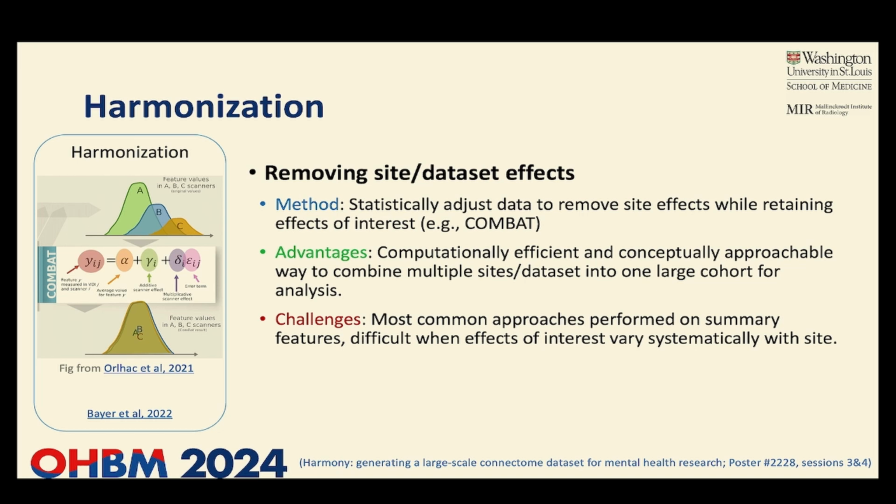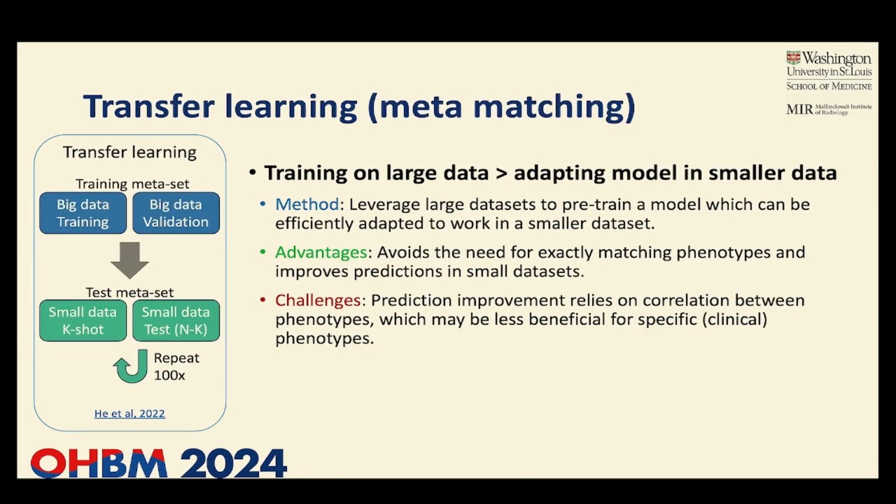The other approaches that I'm going to talk about really get away from this idea of combining multiple large data sets into one big data set. So one option here that's pioneered by Thomas Yeo's lab is to do transfer learning. He called it meta-matching. And this is essentially the idea of training on one very large data set, and then using that pre-trained model and adapting it to a newer data set.